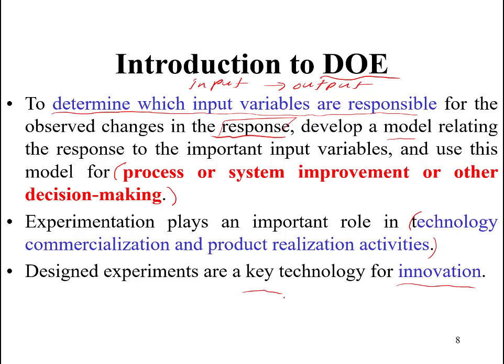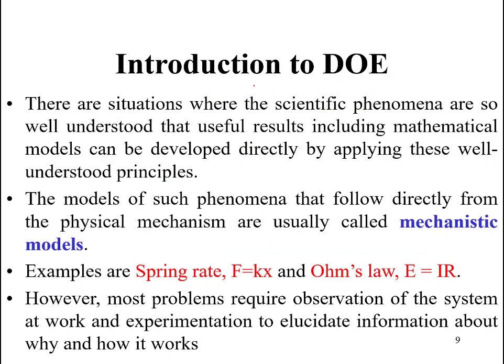Then you can design an experiment and check if it is useful or even if it works or not. This can be done by design of experiment. For example, a new vaccine for COVID-19. You need to design an experiment to check if it works or not, or what the side effects are. So this can only be done by design of experiments.